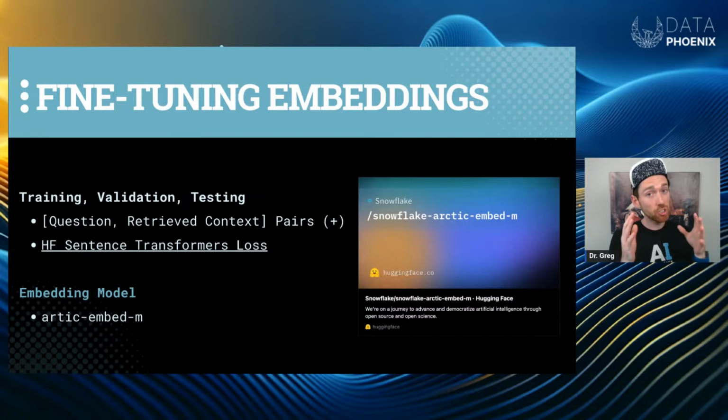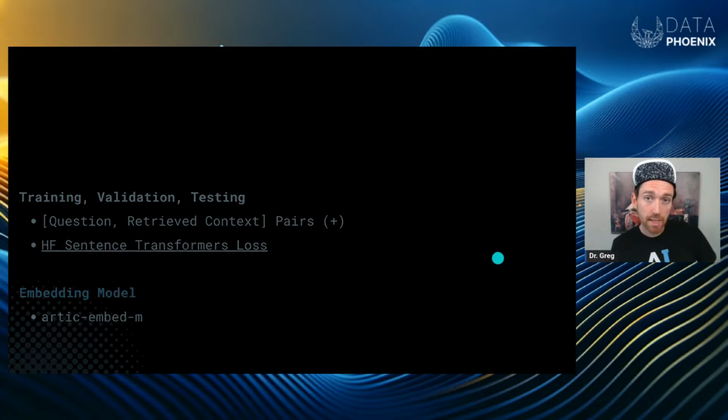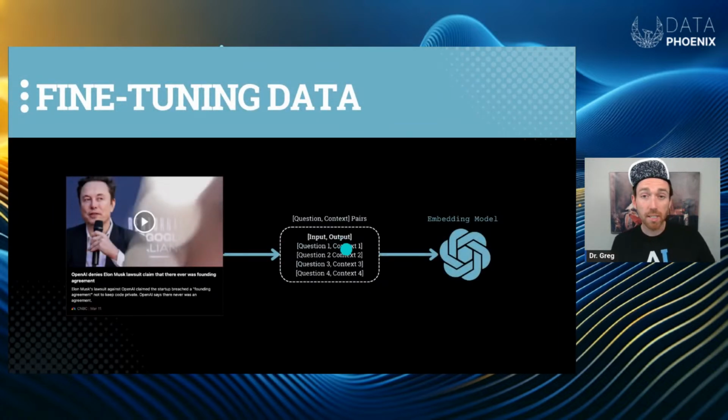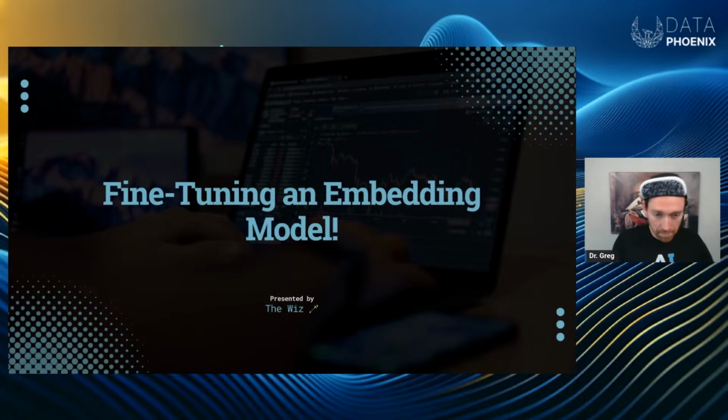The loss function itself is just a little bit different. But we're going to do loss function tuning for fine tuning embeddings, and loss function tuning for fine tuning the LLM. On embeddings, remember the data is going to be the question context pairs. And that's what it takes to fine tune that embedding model. And with that, we're going to go to Wiz to show us how to fine tune the embedding model before we get to fine tuning the LLM.